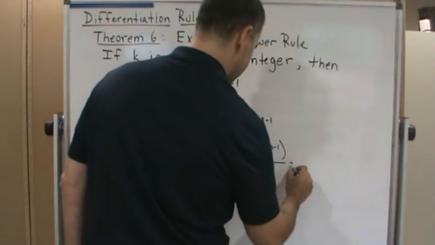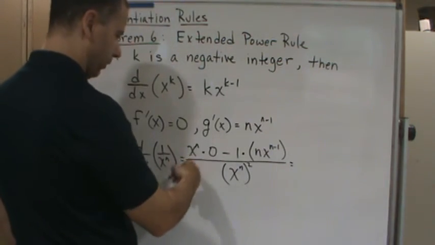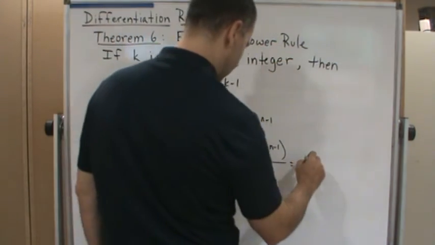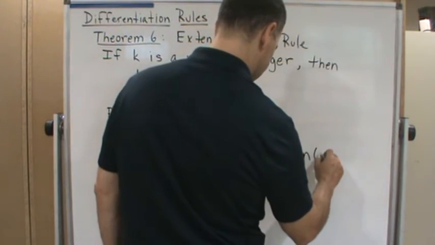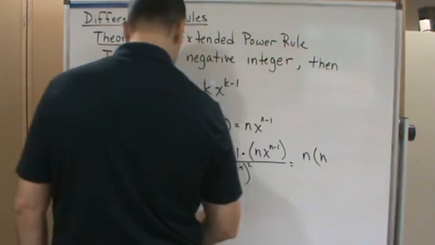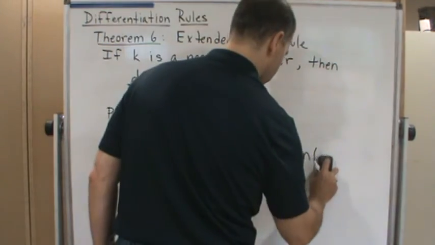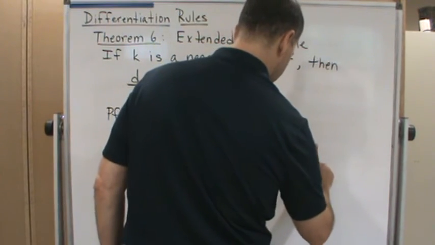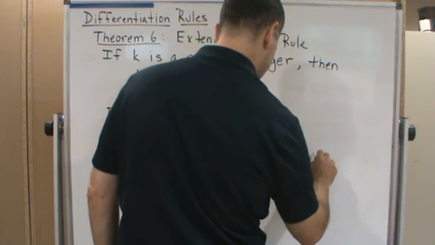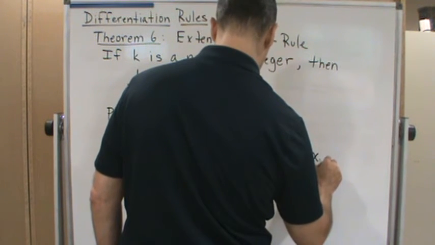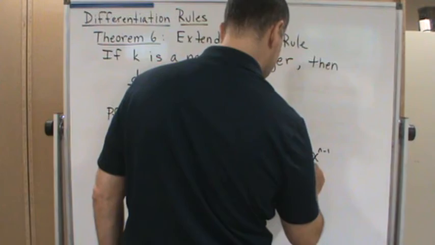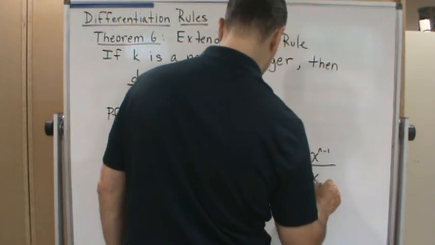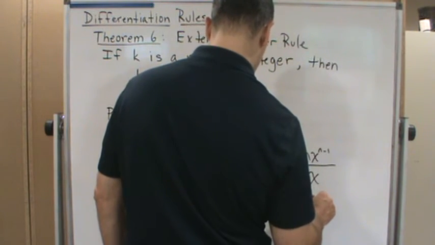Now let's simplify. The first term goes to 0, so the left-hand side is going to 0. The right side is negative n times x to the n minus 1 over x to the 2n.